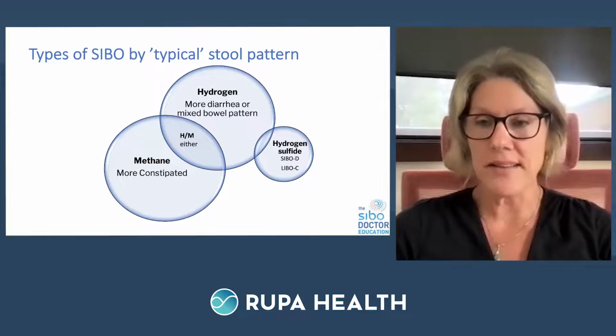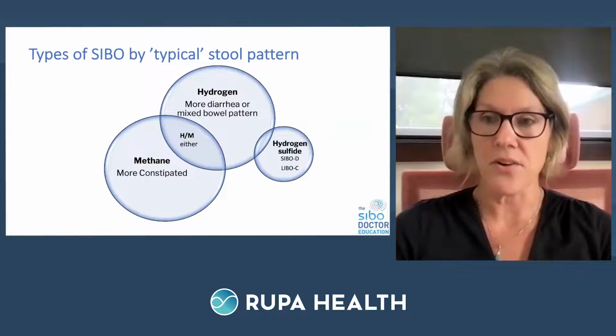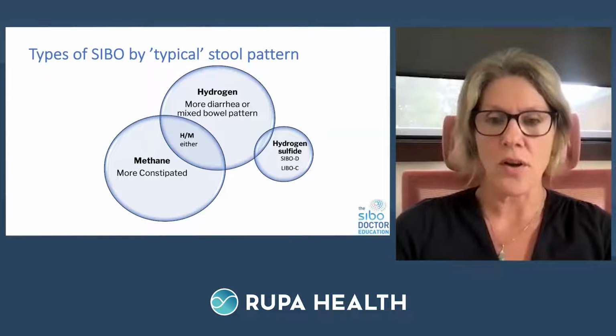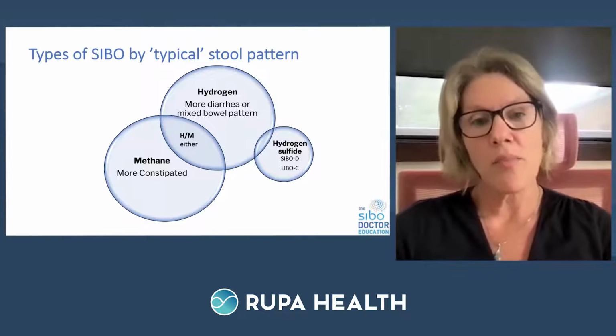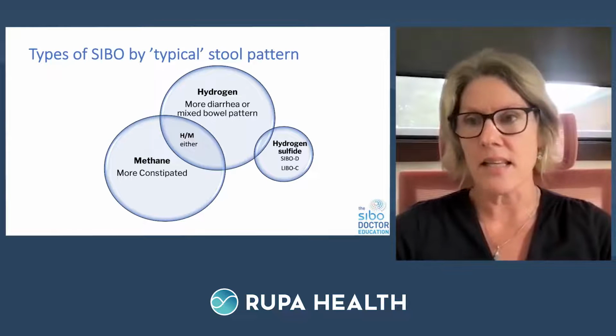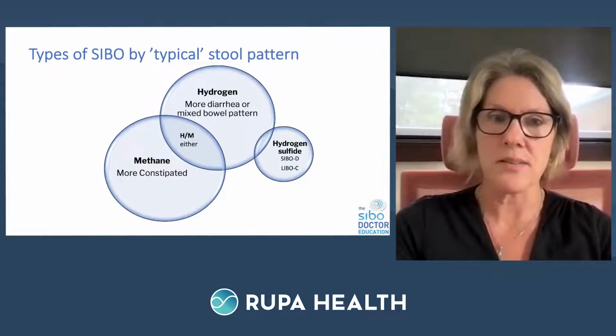So it really depends on where that hydrogen sulfide bacteria is dominant. But for the sake of talking about breath tests and SIBO, these are the classic bowel patterns that I see in my patient population.